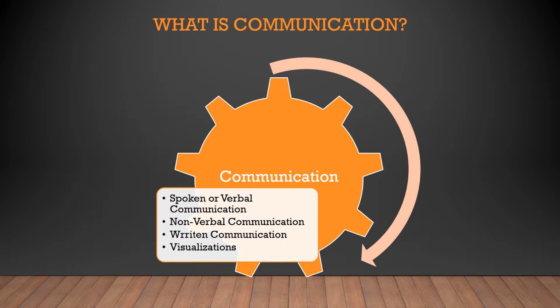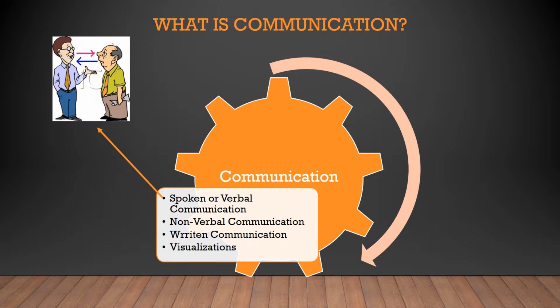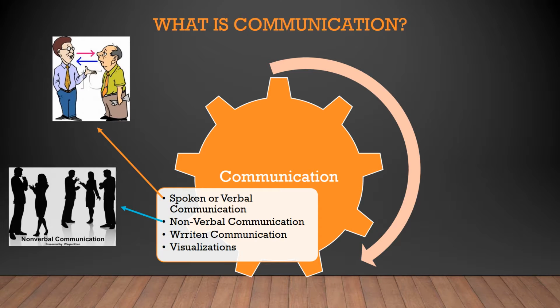There are various categories of communication and more than one may occur at any time. For example, spoken or verbal communication, such as face-to-face, telephone, radio, or television, and other media. Next, nonverbal communication, such as body language, gestures, how we dress, or how we act, even our skin.